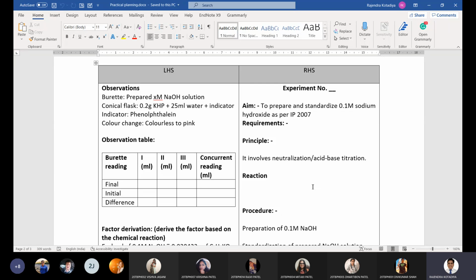If you talk about the right hand side first, it will start with the experiment number. So here it will be experiment number 1.